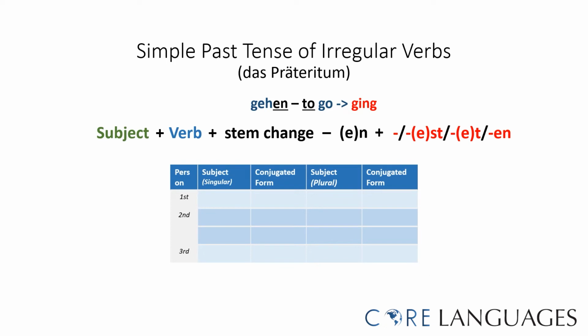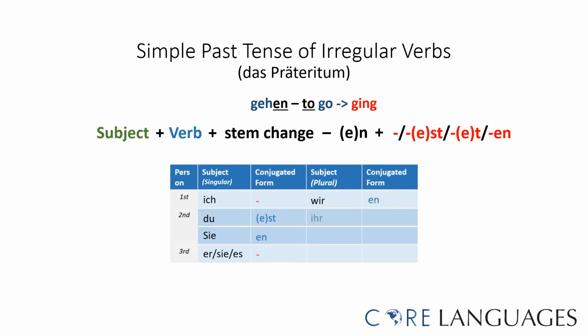Irregular verbs do not have an ending for the first person. Du adds est or st, and sie adds en. The third person also doesn't have an ending.